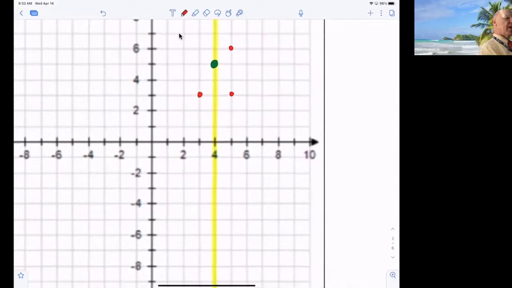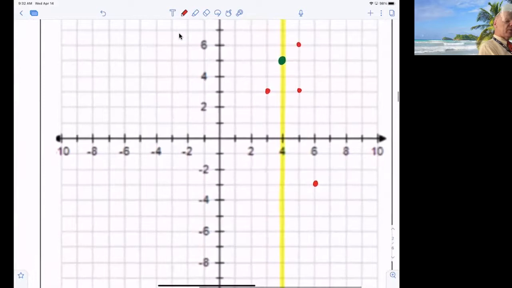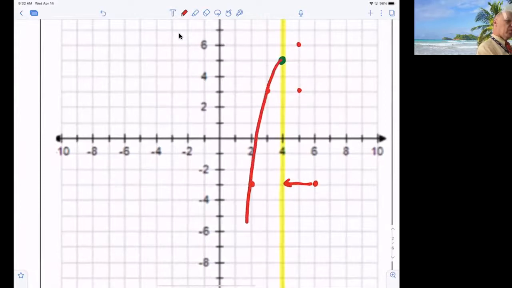Then I count down 8. 1, 2, 3, 4, 5, 6, 7, 8 is right here. Now, instead of counting 8 again, I'm using the axis of symmetry to count over 2 to the axis of symmetry. So I count 2 over, and I know that's the other point. And now I can draw the parabola or the quadratic.